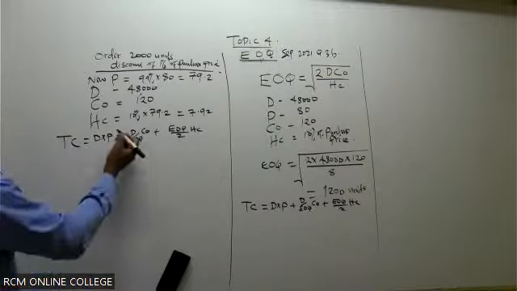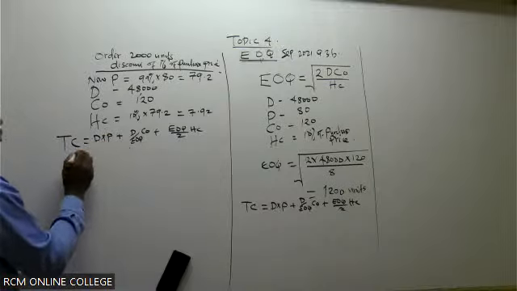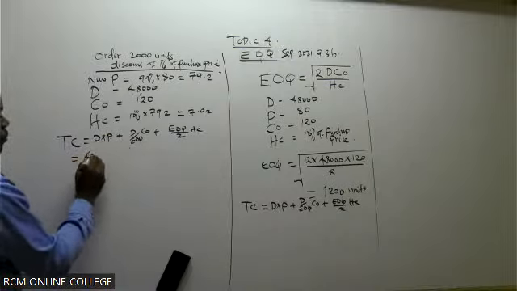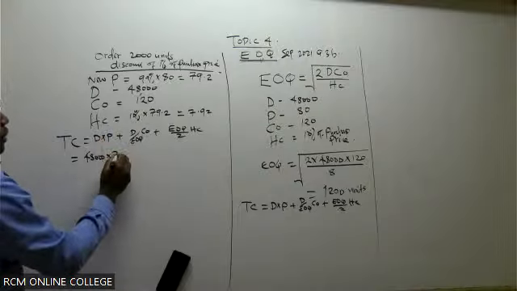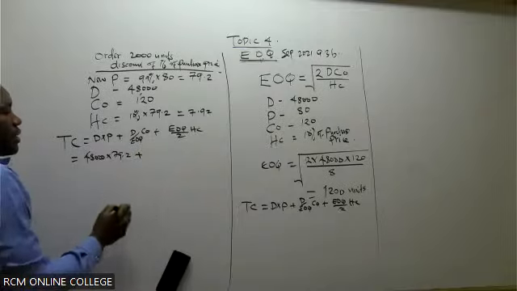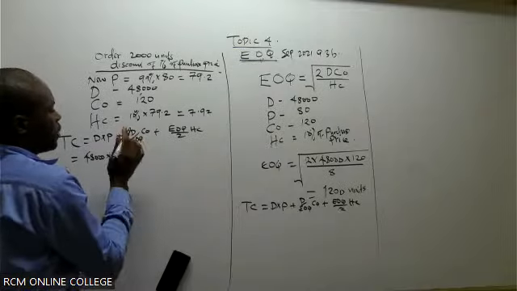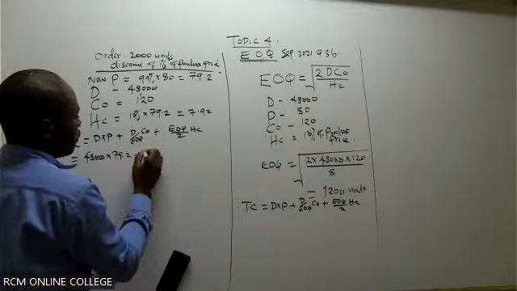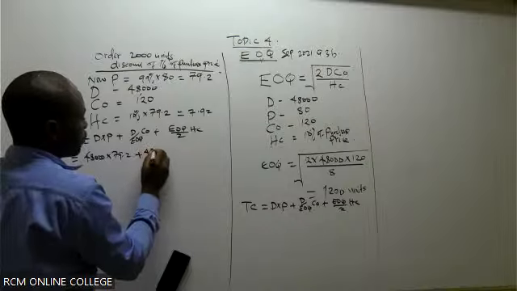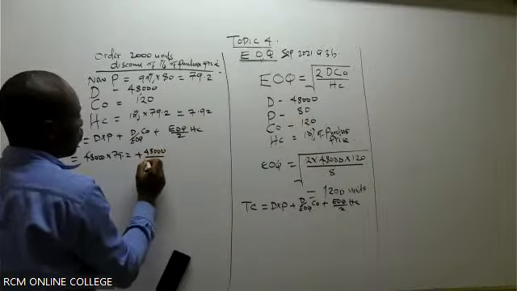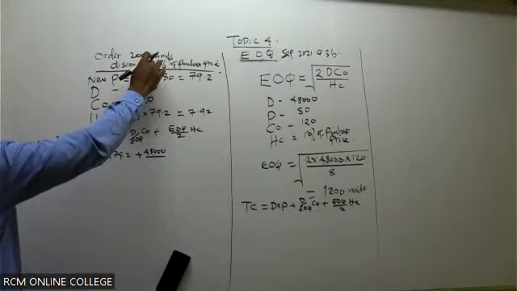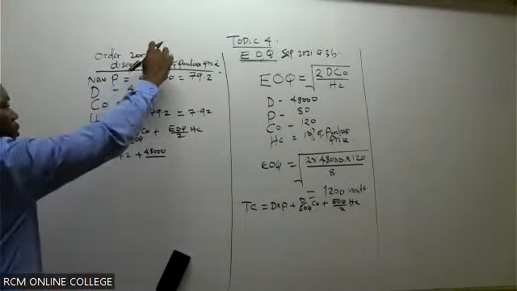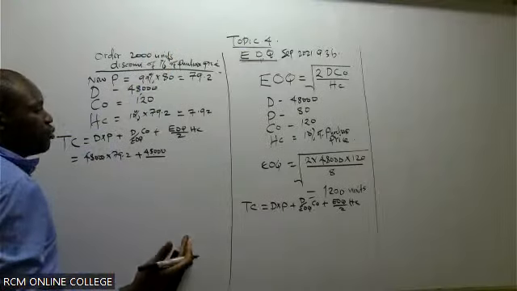So we now come here. Do we have demand? Yes, 48,000, times purchase price, which you've given me as 79.2, plus demand, which will still be 48,000, divided by economic order quantity, which is basically the quantity, which is 2,000, the new quantity that has been proposed.